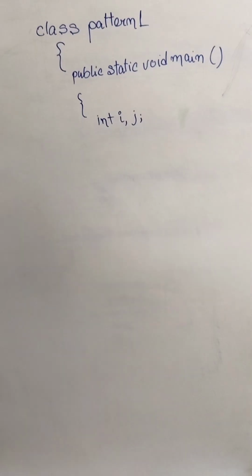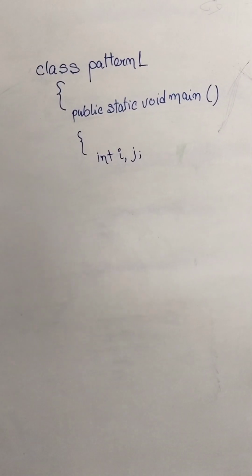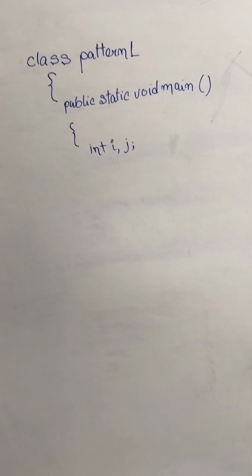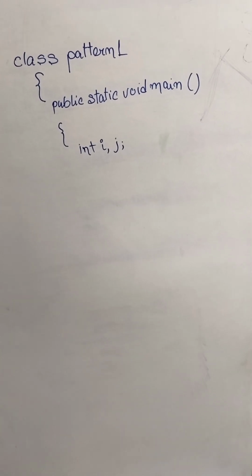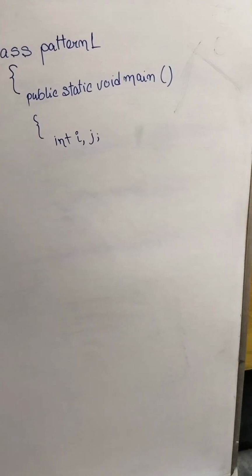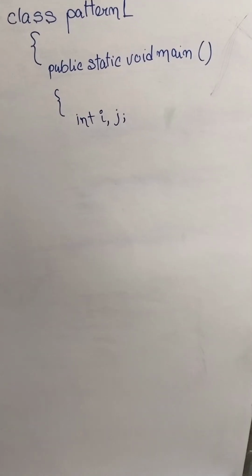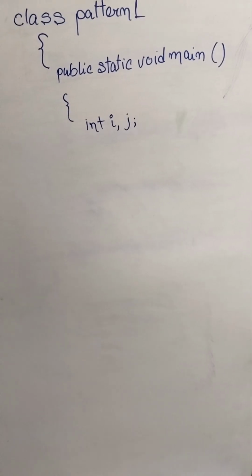Okay, now this pattern printing contains two for loops. One for is the outer loop and another for is the inner for loop. Now first I have to write the outer for loop.